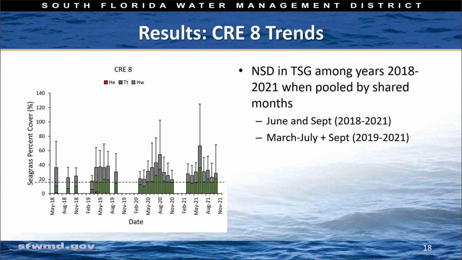Next slide. The overall average percent cover for the CRE8 site is 28.0. When the percent cover of SAV for months March through July were pooled for comparison among years 2019 to 2021, there was no significant difference identified among years.